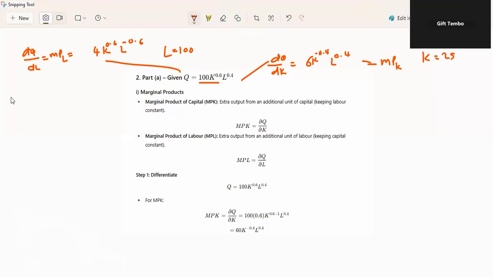The negative exponent will go down, just to rewrite it. So this will be 4K^0.6 over L^0.6. Are we clear on this?